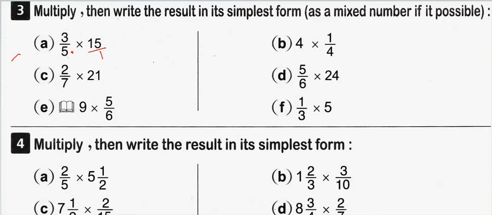We can divide by 5 up and down. That means that 5 is a common factor between 5 and 15. 5 divided by 5 equals 1. 15 divided by 5 equals 3. We multiply numerators and denominators. 3 times 3 equals 9. 1 times 1 equals 1. 9 over 1 equals 9.